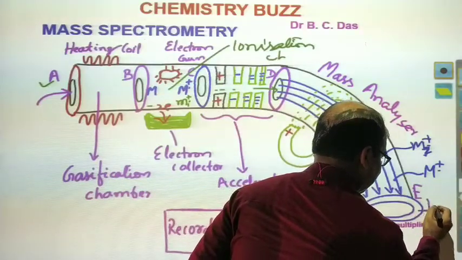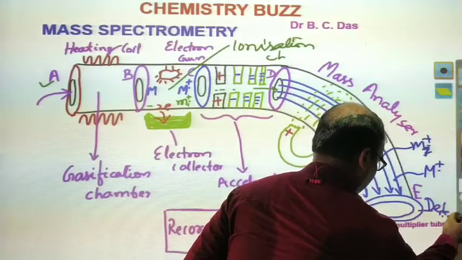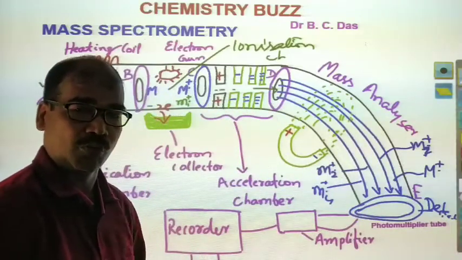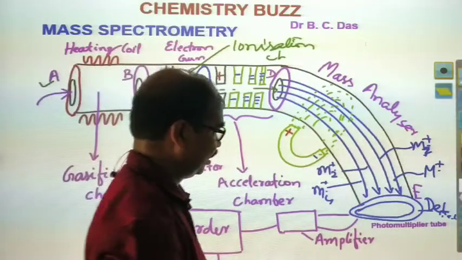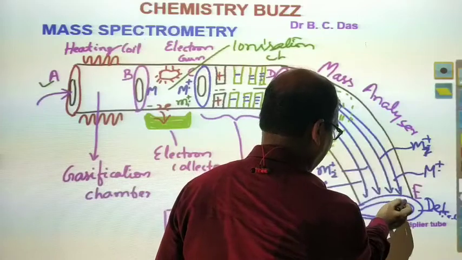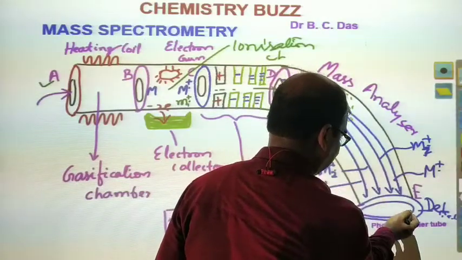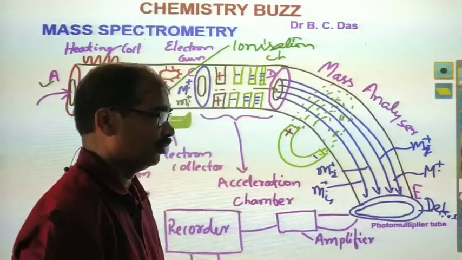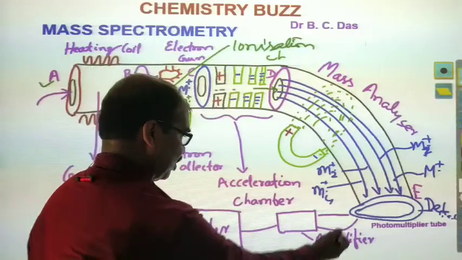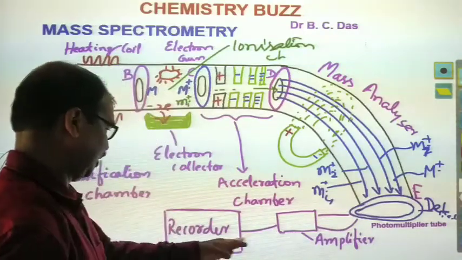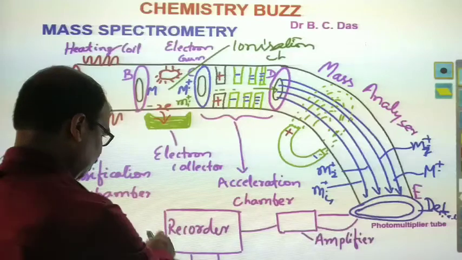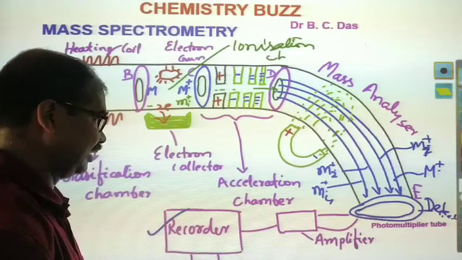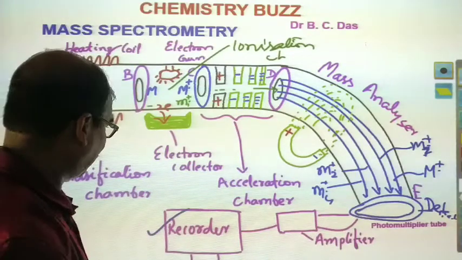This detector is a photomultiplier tube. When the ions strike this photomultiplier tube, the signal is recorded, amplified and sent to the computer, which records and displays the graph.